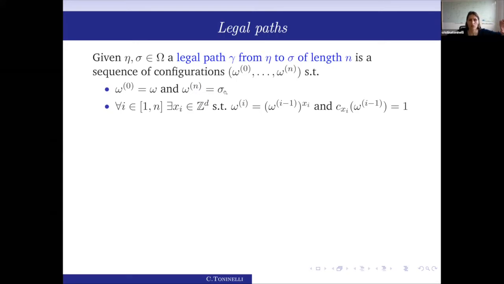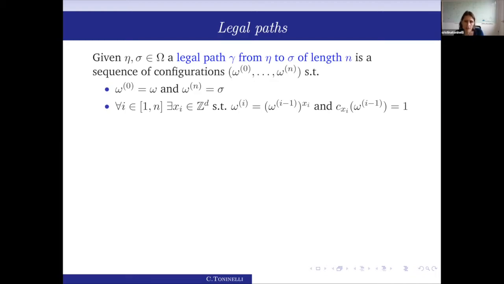So the first one should be my initial configuration, the last one should be my final configuration. And in the middle, the configuration at step i in this sequence should be obtained from the configuration at step i minus 1 by flipping a single site on which the constraint is satisfied.